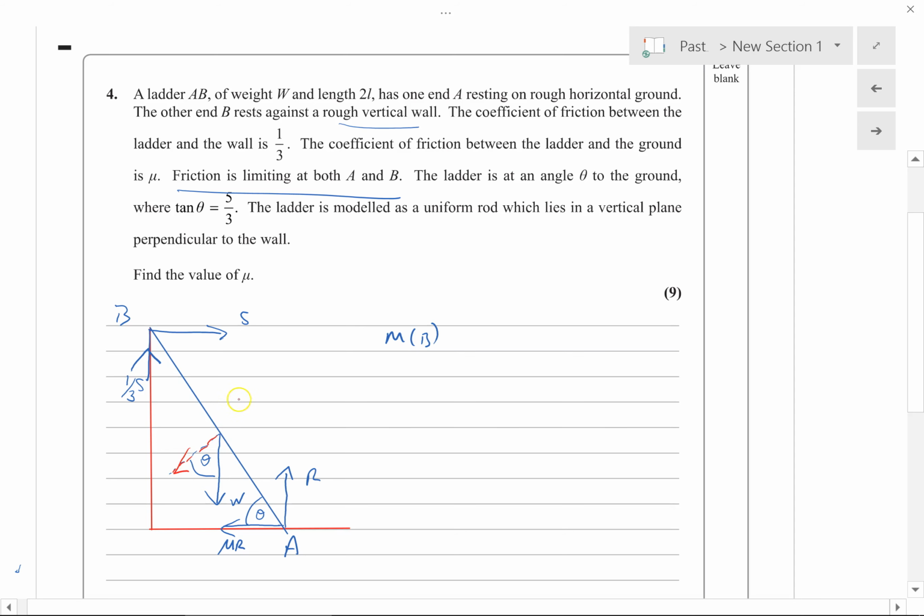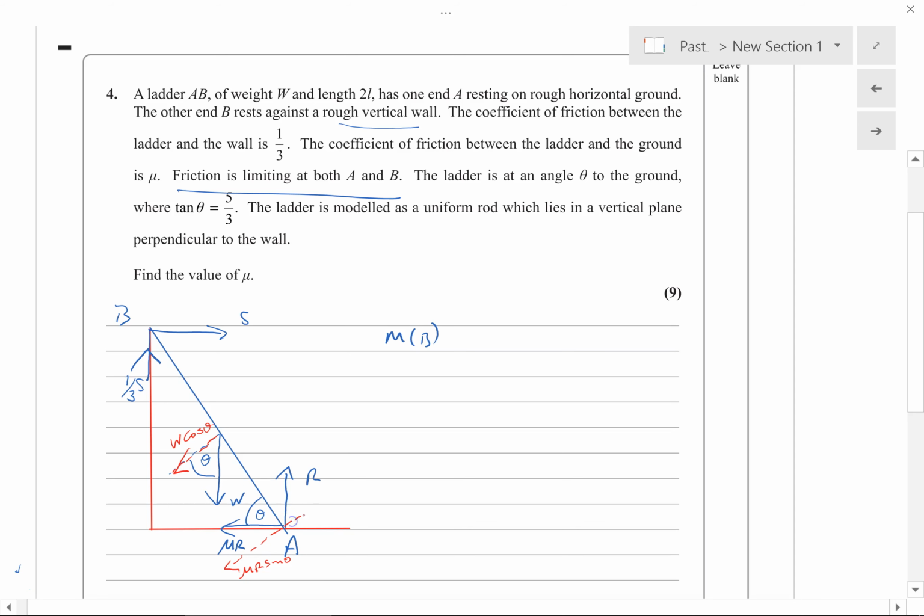The component of the weight there, that's W cos theta. Then we've got a component of the friction which is perpendicular, which is mu R sine theta, because it's away from the angle. The marked angle's there, so it's mu R sine theta.